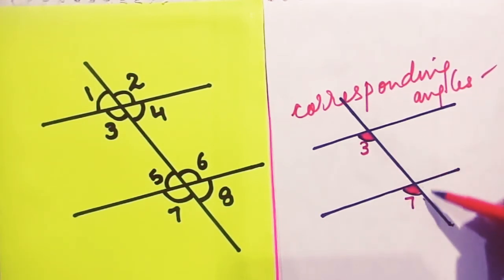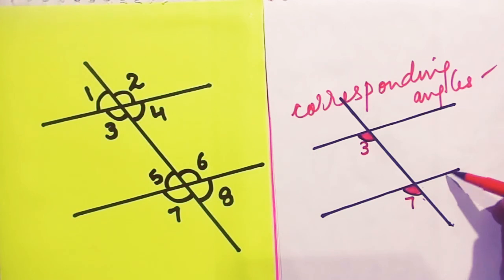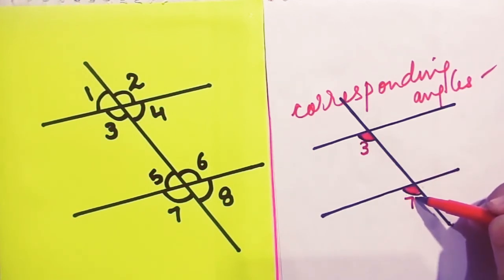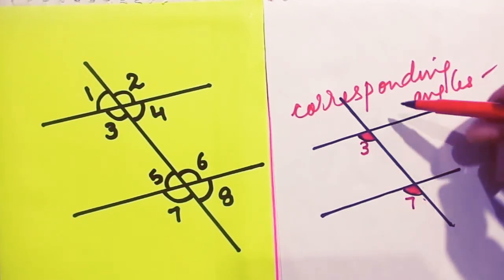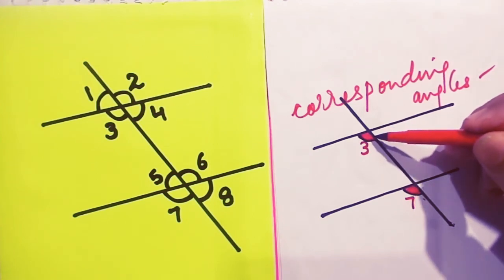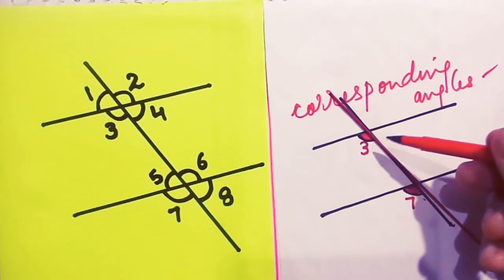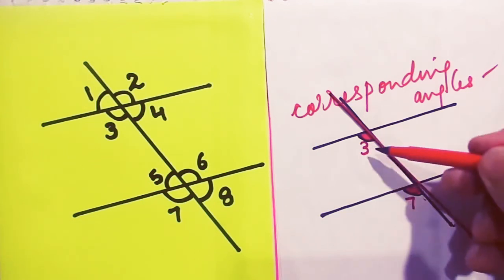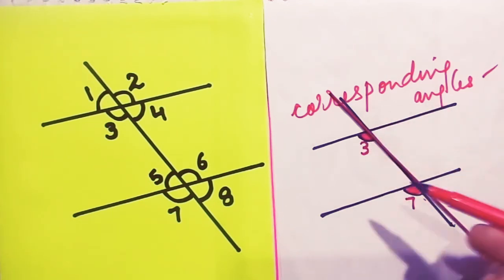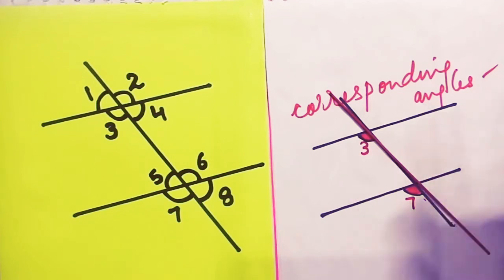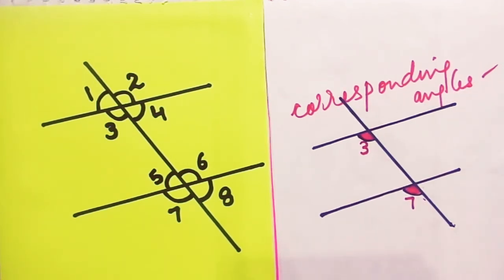Similarly, these two are also corresponding angles. 3 and 7 are corresponding angles. This means the angles which lie on the same side of the transversal, either on this side or on the opposite side, they are known as corresponding angles.